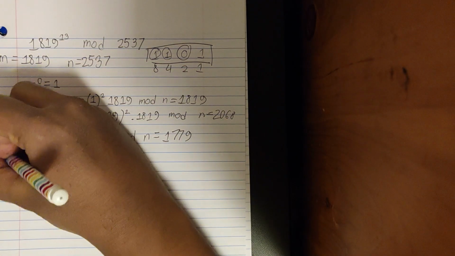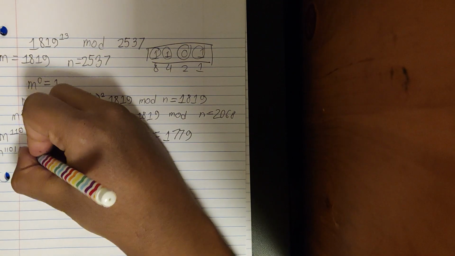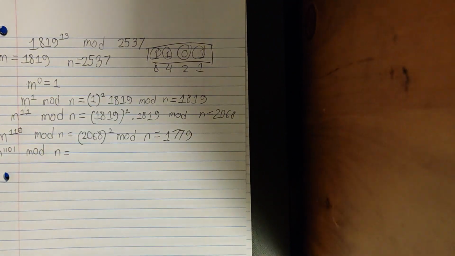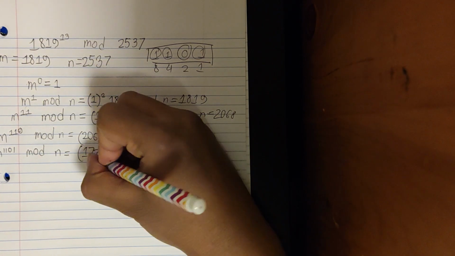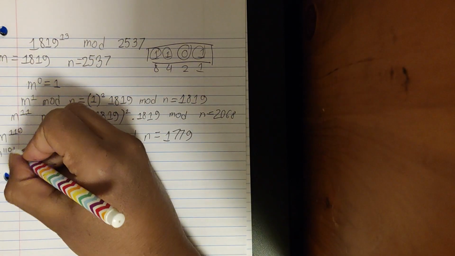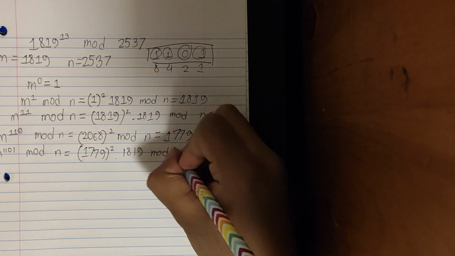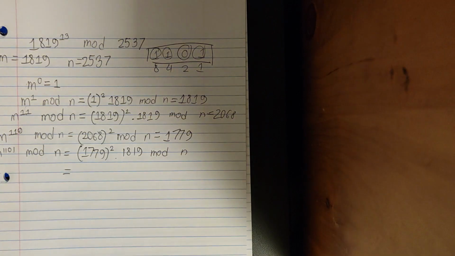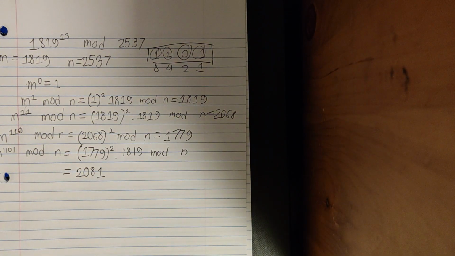Now finally, m to the power 1101, the last one, mod n. Here we again have a 1, so as usual we do the square, then multiply by m, mod n, and this will give you 2081.